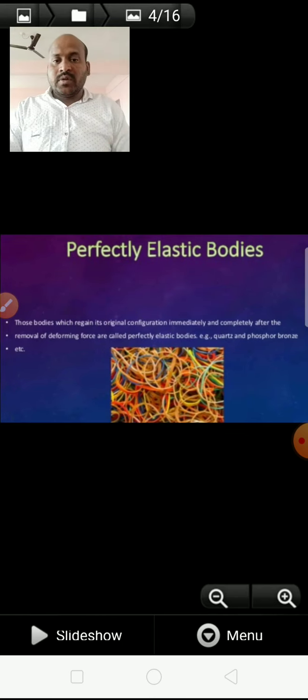Next, perfectly elastic bodies. We can see the rubber. These objects completely regain their shape when you remove the deforming force, external force or applied force. So those bodies which regain their original configuration immediately and completely after removal of the deforming force are called perfectly elastic bodies.